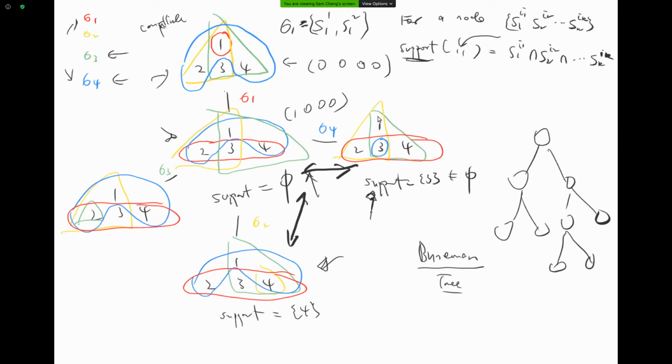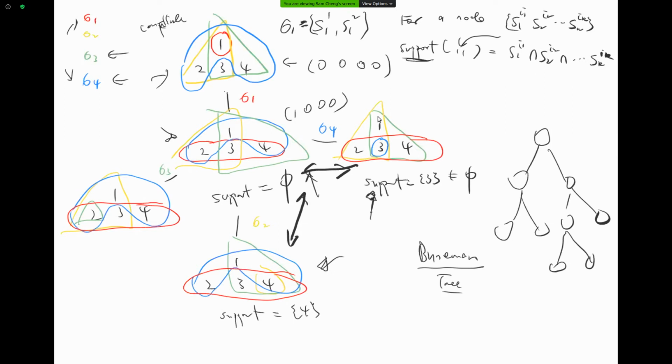So we are getting closer and closer to there. So now, first of all, we need to describe a metric. We will introduce this additive tree metric.